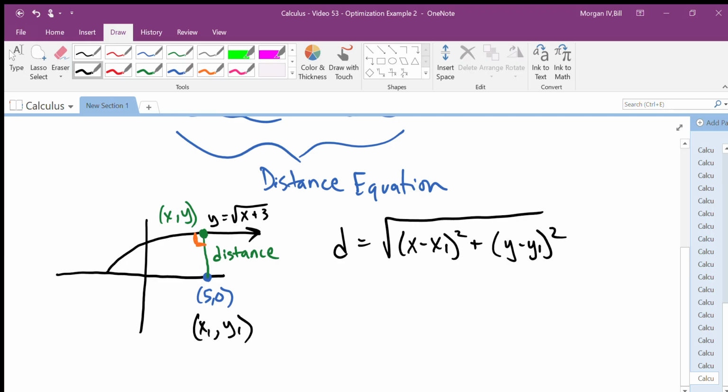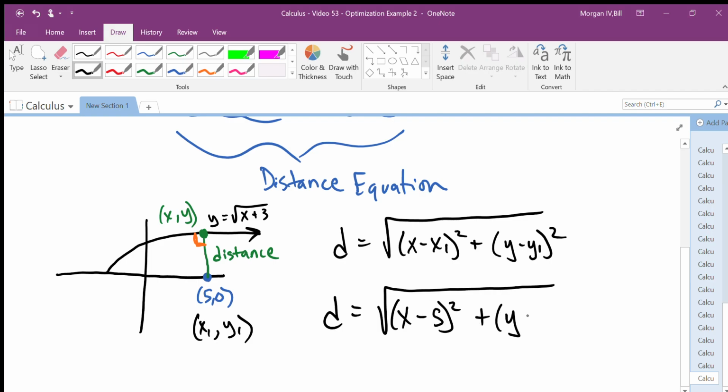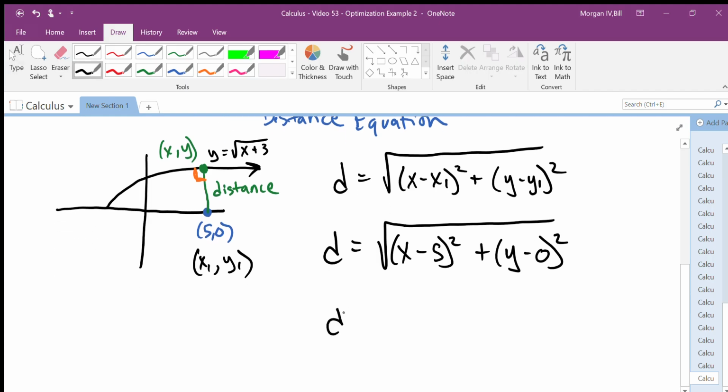That one is not moving. So here's what we can say. The distance that we're trying to minimize is equal to the square root of (x minus 5) squared plus (y minus 0) squared. Or, more simplified, the square root of (x minus 5) squared plus y squared.